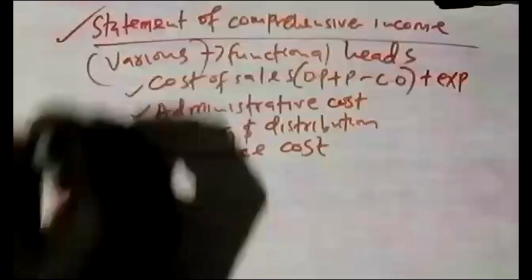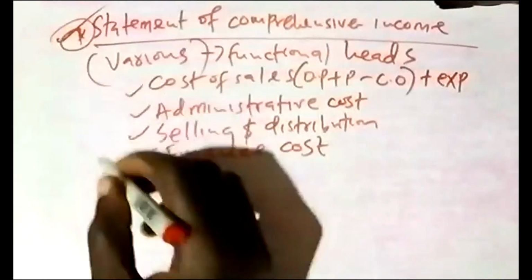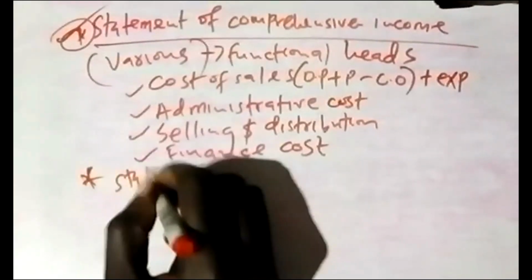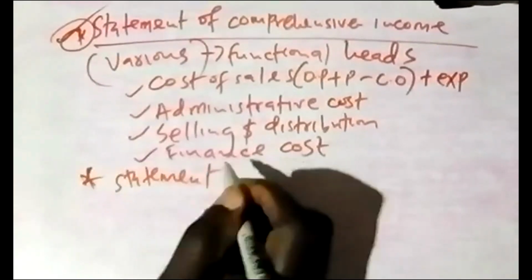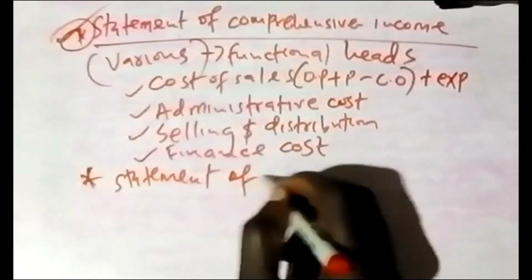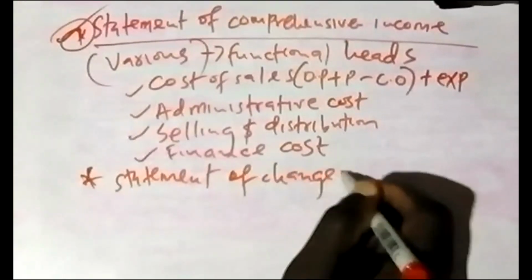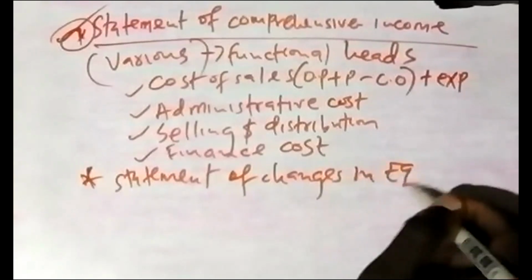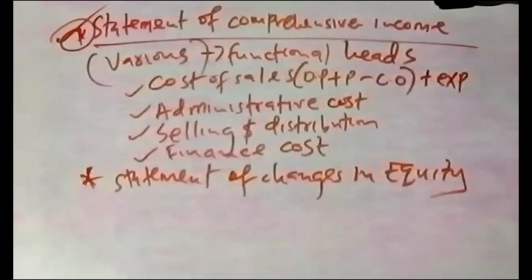Then now the statement of changes in equity. That is the next statement. What you need to know is the format. You need to understand the format of the statement of changes in equity, which shows the movement of equity components. That is from ordinary share capital, share premium.